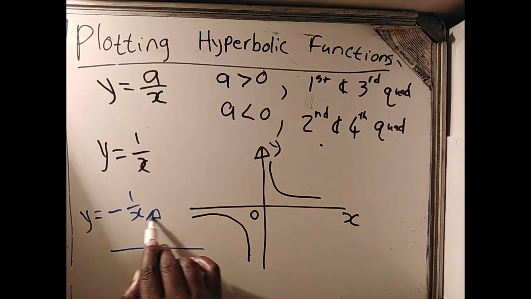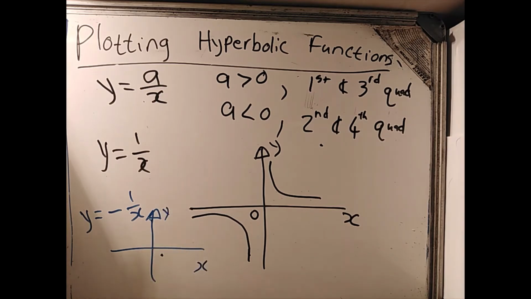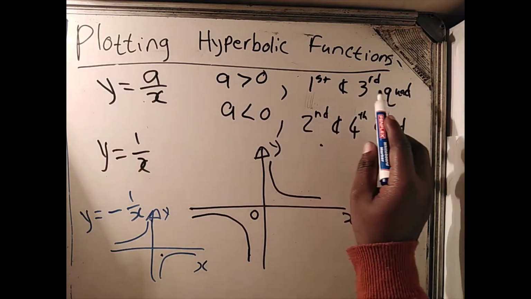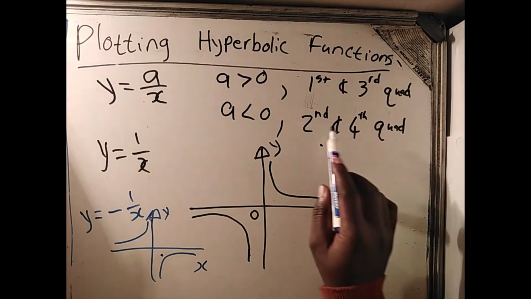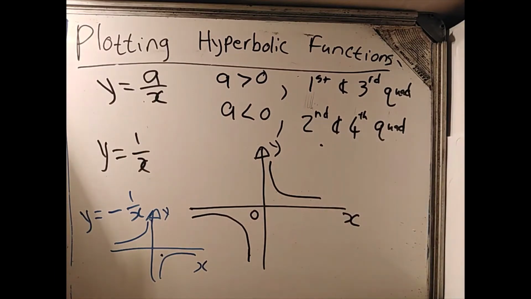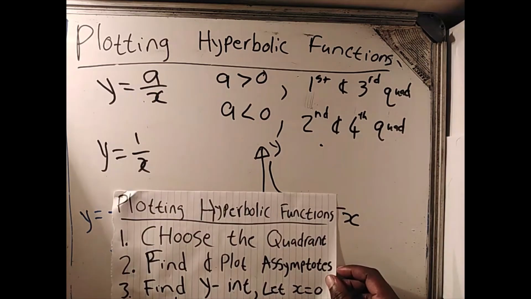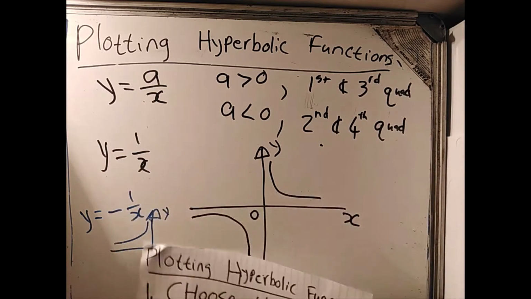You've got y here, you've got x here, and your graph is going to be here, just this one and this one. So positive: first and third quadrant; negative: second and fourth quadrant. That is how you do the first step.